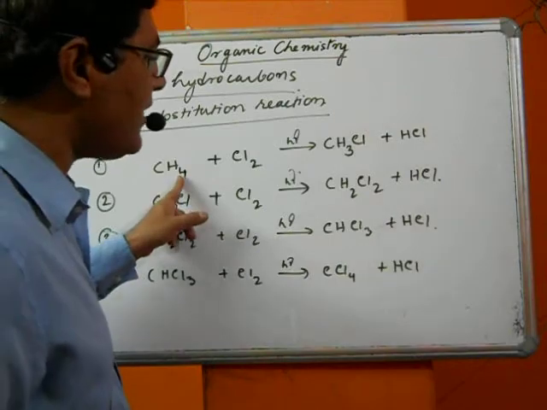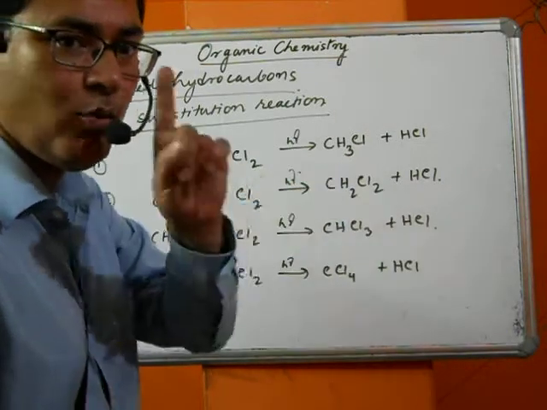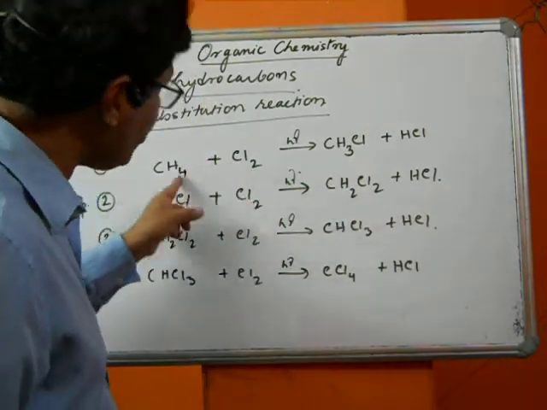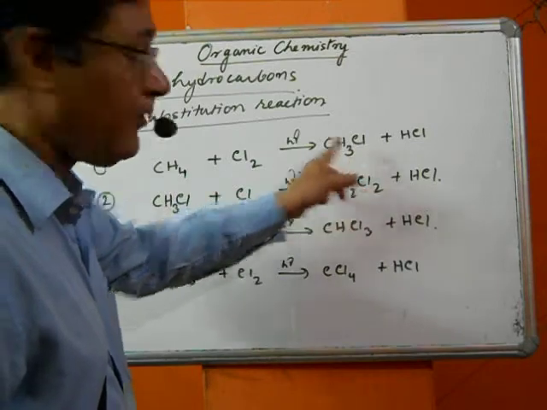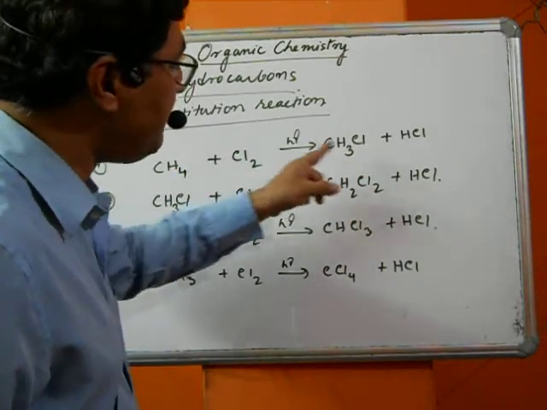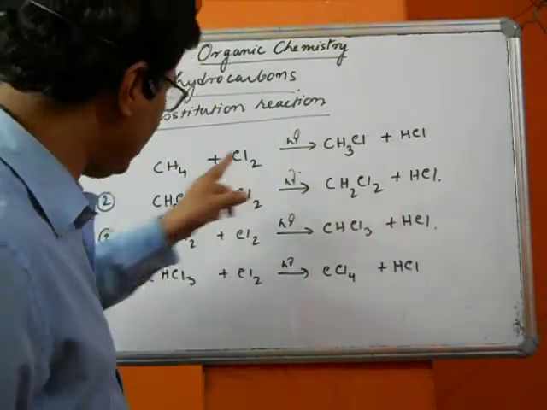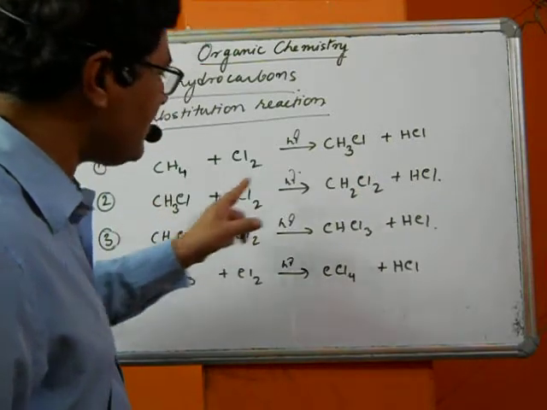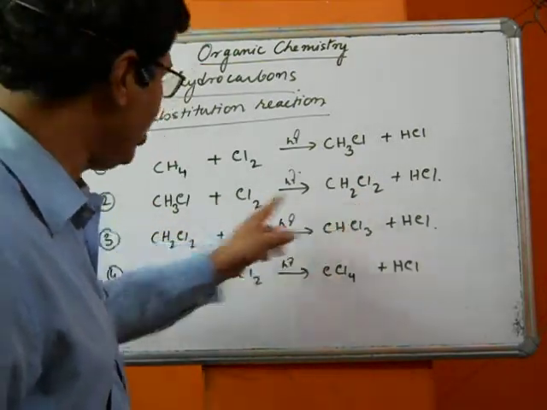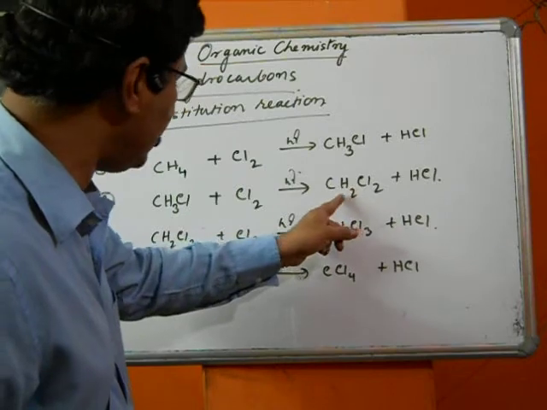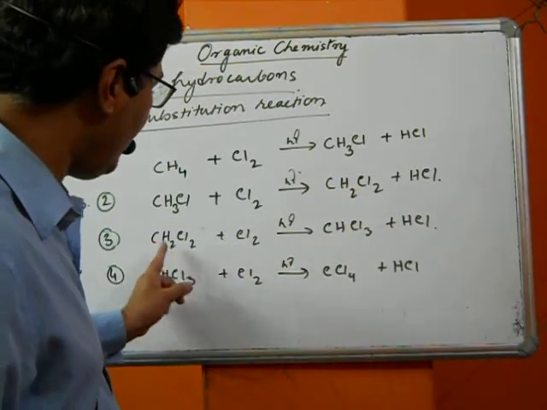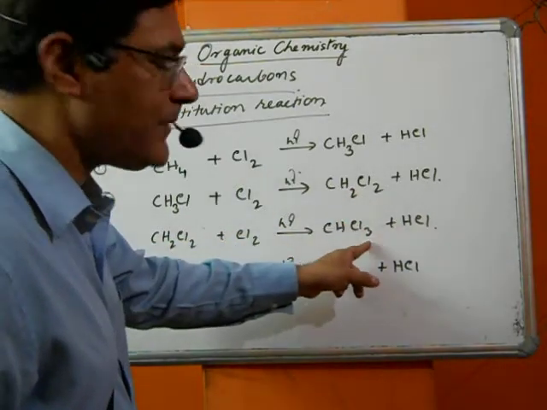Observe, here there are 4 hydrogens, here there are 3. That means one hydrogen is replaced by one chlorine atom. Second step, another hydrogen is replaced by another chlorine atom. See, the number of chlorines increases, hydrogens decrease. Third step, one more hydrogen is replaced by another chlorine.